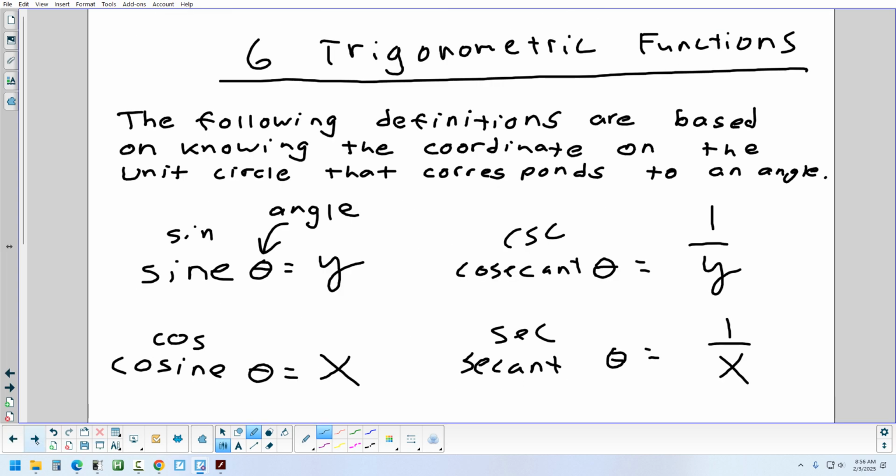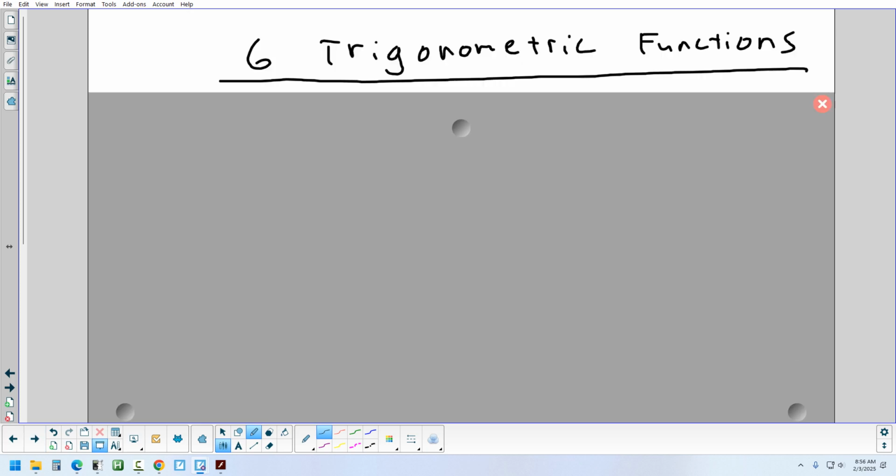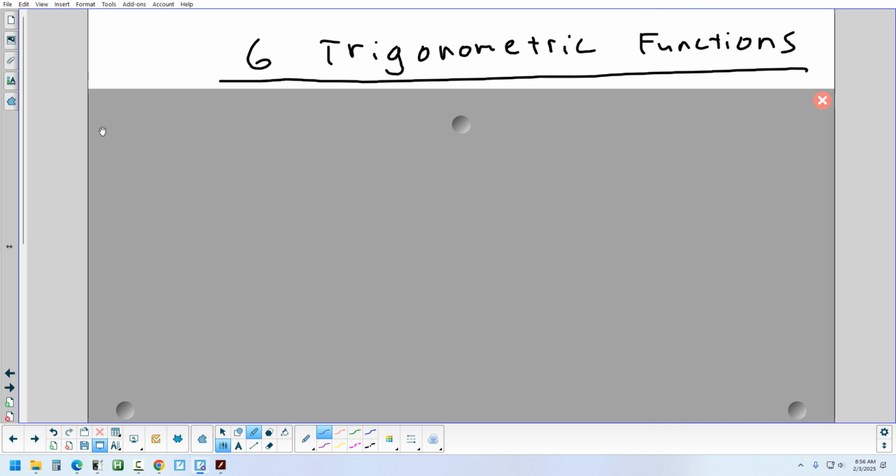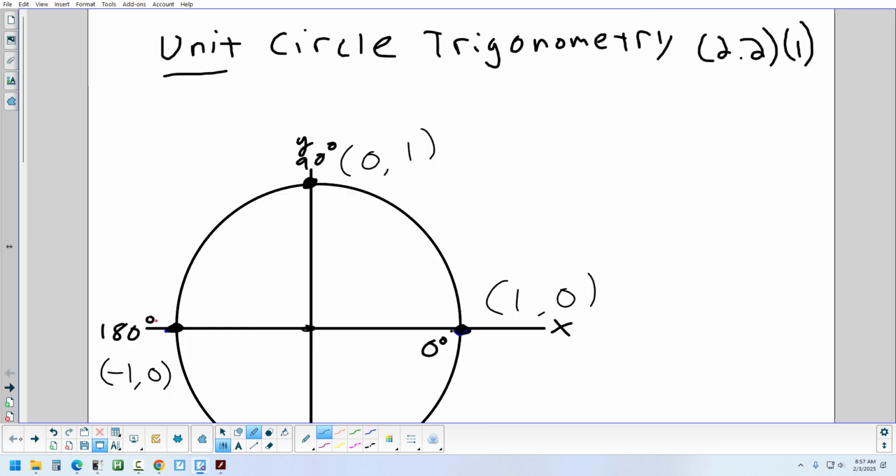Okay. So what we need to do now is look at what the 6 trig functions are. I showed you a couple of them when I pressed some buttons on here, which we're not doing yet, but sine and cosine are a couple of them. I'm going to show you all 6. The way that we're going to define the functions is all based off of an x value and a y value.